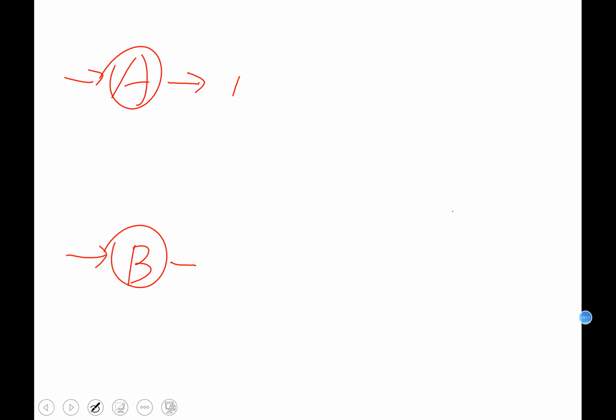And from these 2 populations, we can randomly draw a sample.